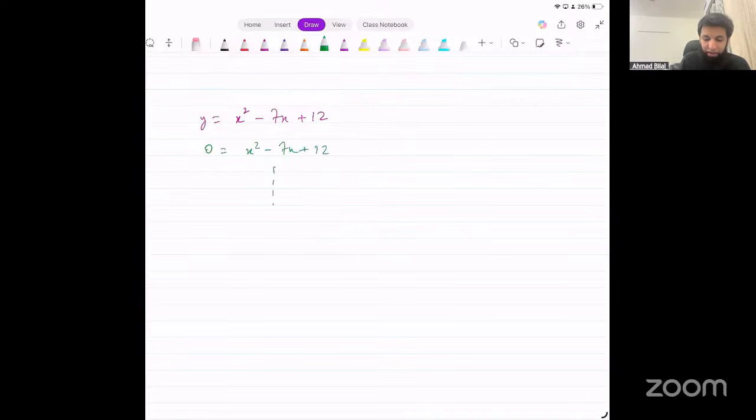I'll do some working. Now, I could get two values, x equals 3 and x equals 4. This is also something you can interpret as working in columns, because you've got x equals 3 here and x equals 4 here, and then you can find one corresponding value of y from this and another corresponding value of y from this.